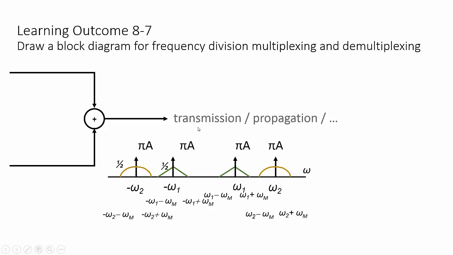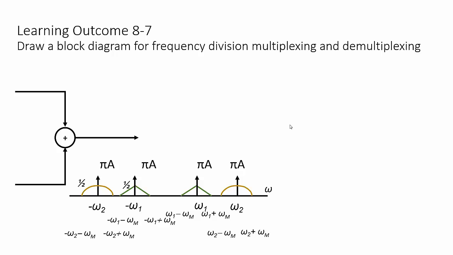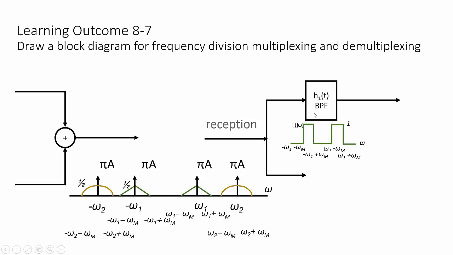So once we've generated this, this is transmitted, propagates, and then someplace we receive our signal. On your car radio, in your home stereo, whatever you're using. And then depending on what we want to do with it, we make multiple copies of it. And by using a band-pass filter, we will separate out just the part of the signal that we care about.